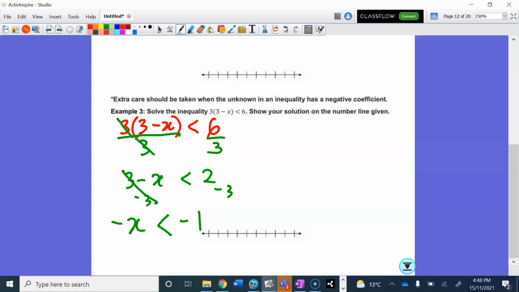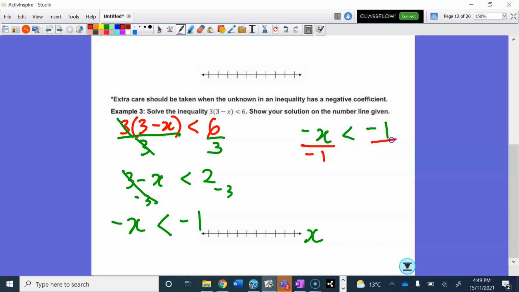Okay, so negative x less than negative 1. So I don't want negative x, I want x. Okay, my number line is not for negative x values, it's for x values. And so what I need to really do is either multiply both sides by negative 1 or divide both sides by negative 1. So if this was a normal equation, this would be a no-brainer.